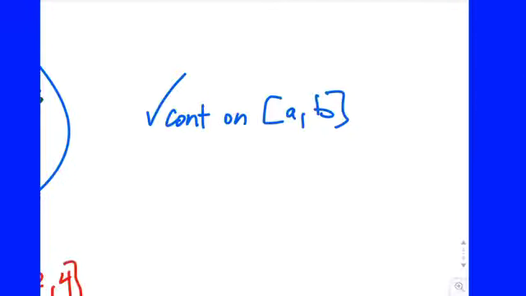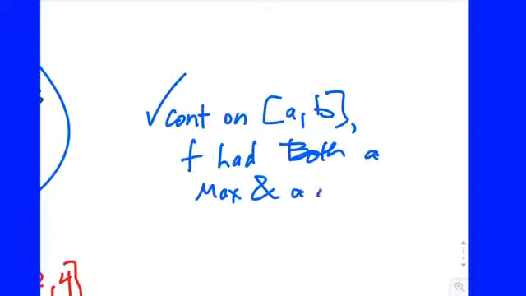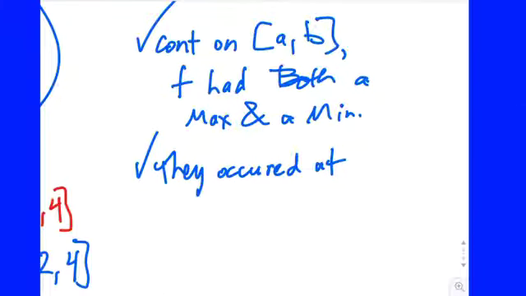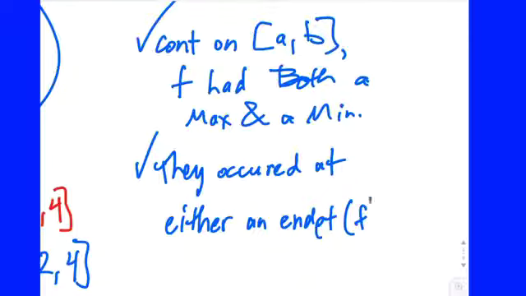So let's see if we can summarize that. When f was continuous on the closed interval, f had both a max and a min. And then we could say they occurred at one of two places, at either what? An endpoint, good.